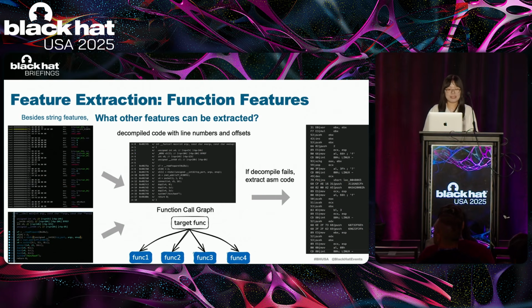So besides the string features, what other features can be extracted? The first idea that came up was to extract function features. Since large models are better suited for analyzing decompiled code, but the generated rules are based on the assembly code, it's important to connect them.